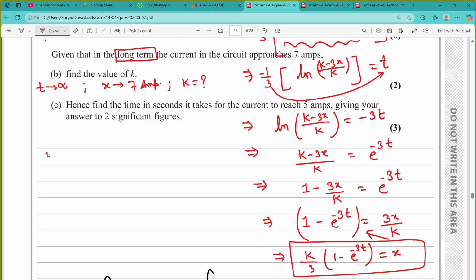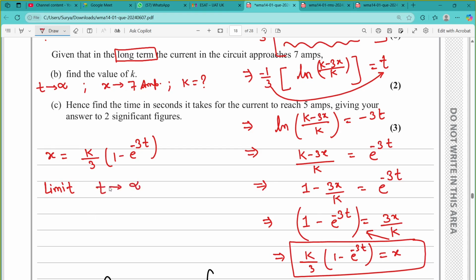Okay, so for that we have the expression x equals k upon 3, 1 minus e raised to power minus 3t. So now we have to apply the limit as time t tends to infinity.